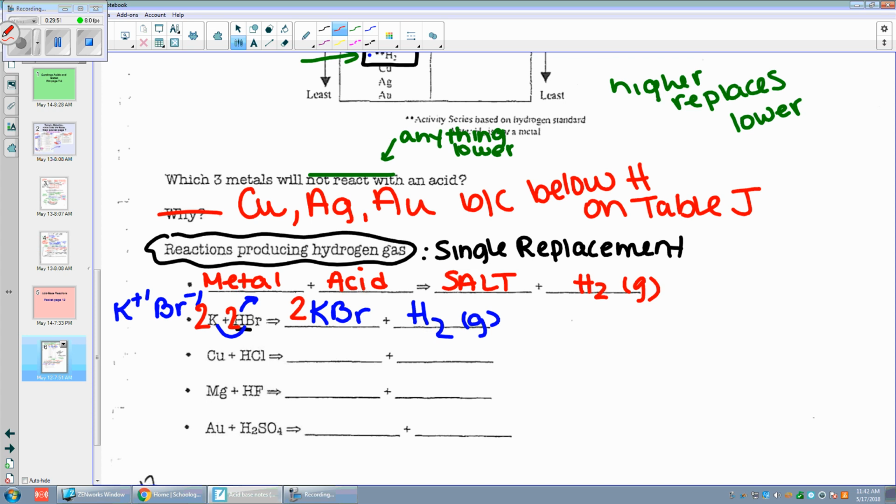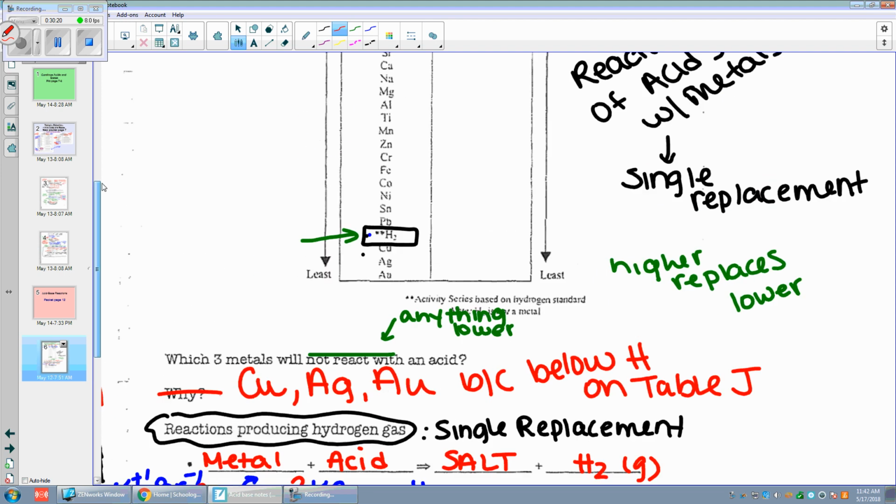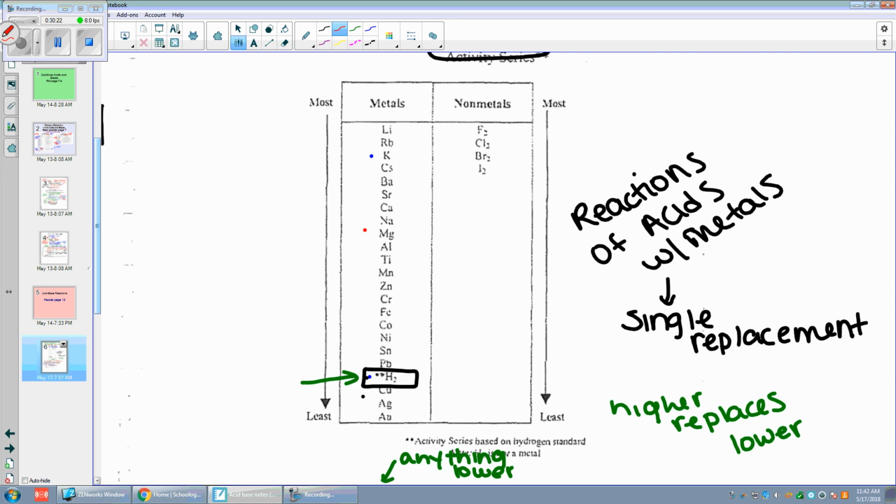The next one, Cu and HCl. Oh no, when I look, I'll see if I can get back up there. Cu is below H. So that doesn't happen. So no reaction. Then I'm going to do Mg and HF. So Mg and HF. Just make sure, check table J. Is Mg higher? Yes, it is.